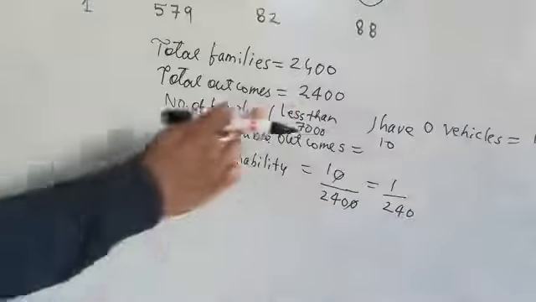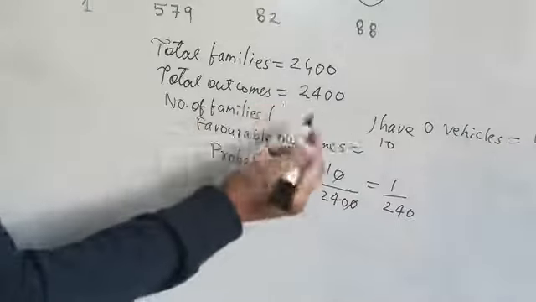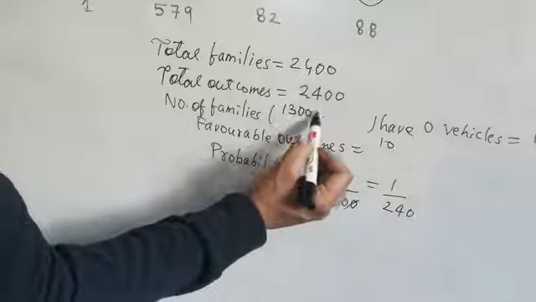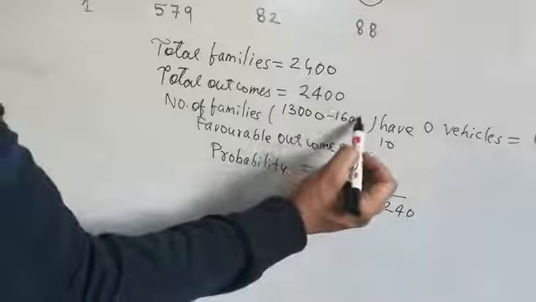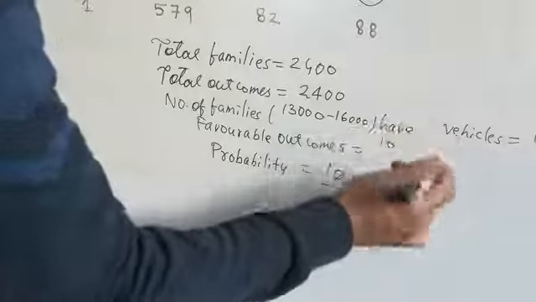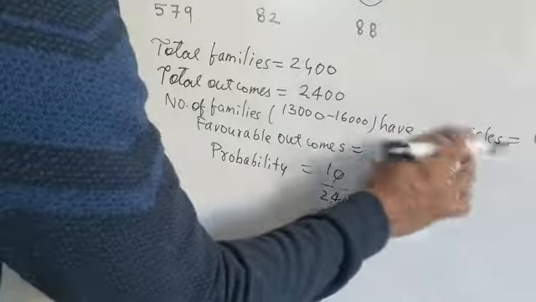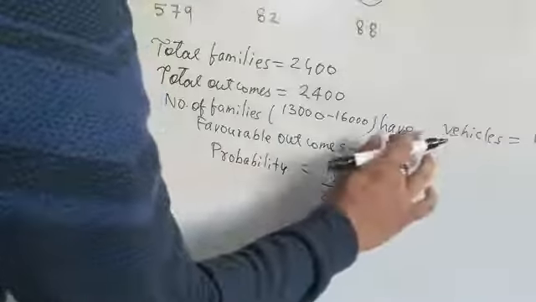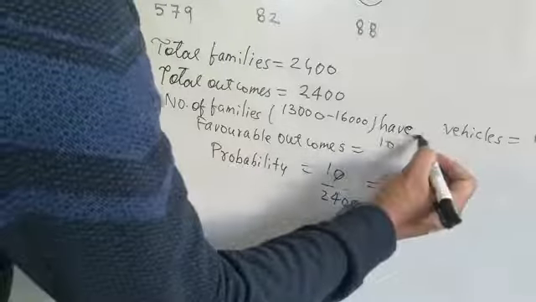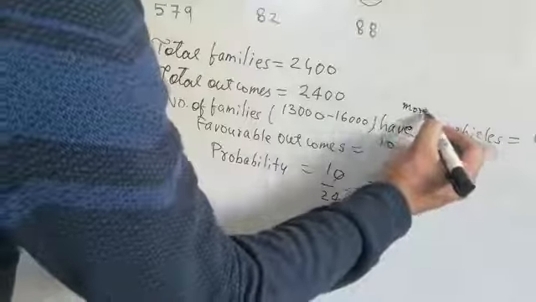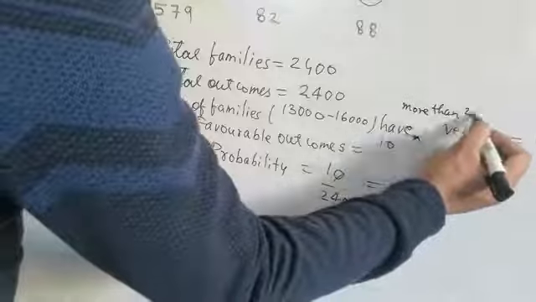So we can write here 13,000 to 16,000 and having more than two vehicles.